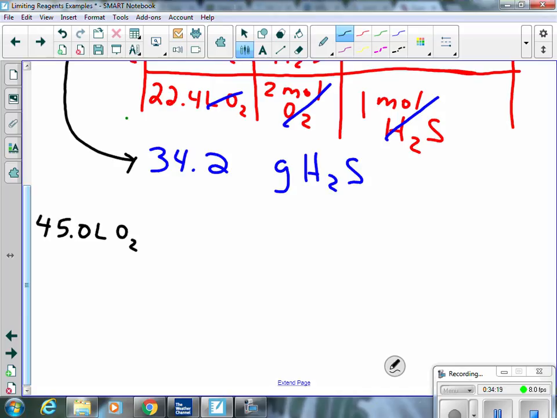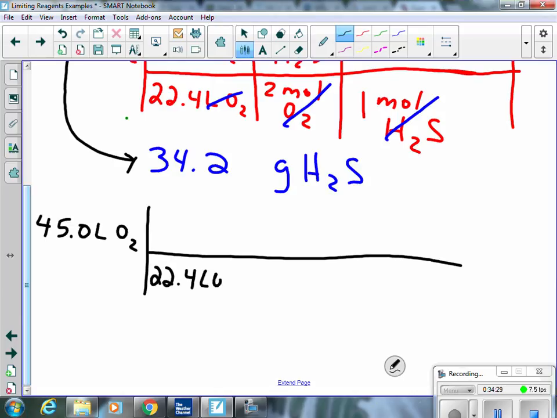So I'm going to take the 45.0 liters of oxygen, go mass to mass to sulfuric acid. Balanced chemical equation, that's 1 mole.